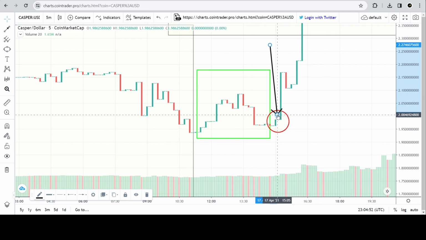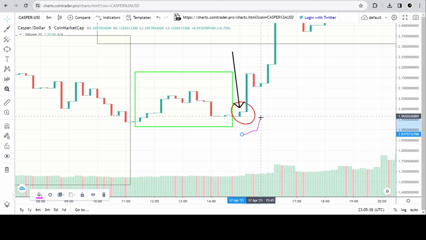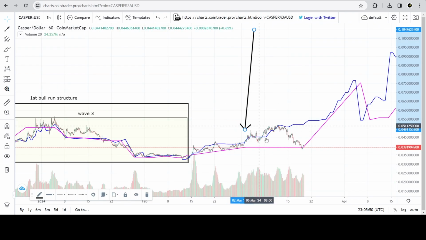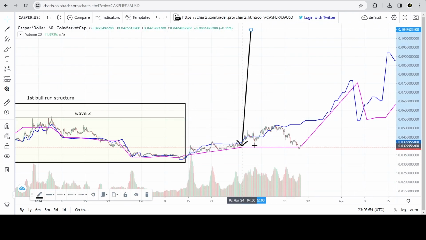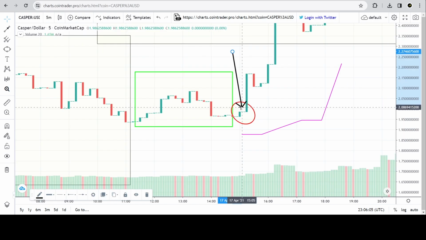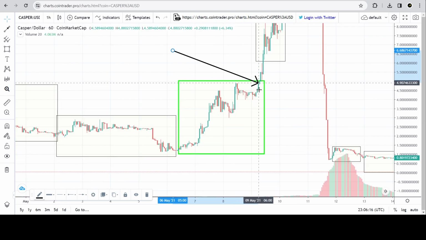If I was to take this part of the chart right here and copy and paste it, it would look like this. Now, I have taken this fractal from right here and stretched it to where it is the size of today's chart. So this pink fractal right here comes from over here. This blue fractal comes from right here.